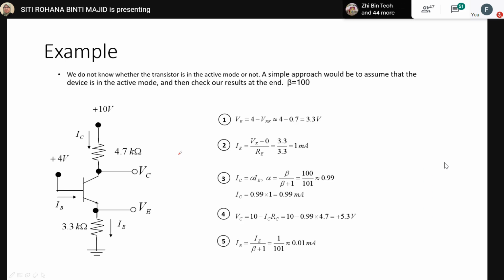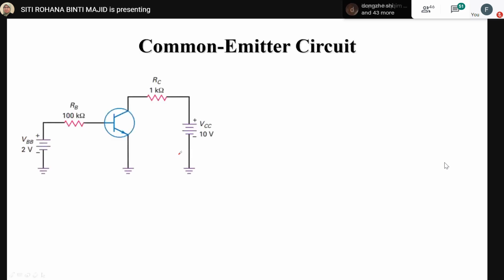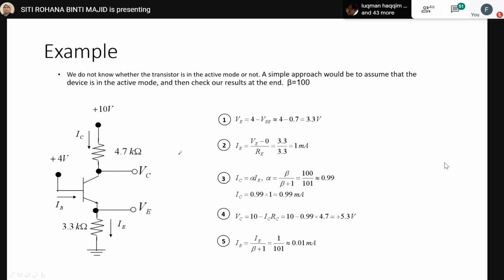Then you can calculate IB using the equation, or IE equals IB plus IC. Then how can we know whether it's active or not? We must look at the value of IC and also VCE.